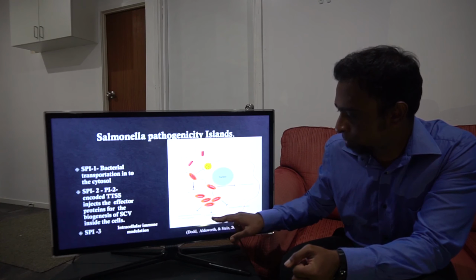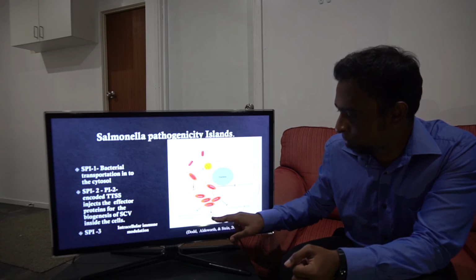SPI-1 is a 40 kb DNA region which encodes a type 3 secretion system. It helps in transporting the bacterial proteins into the cytosol of the host cell. This causes a cytoskeletal rearrangement which helps in the uptake of Salmonella via a membrane-bound vesicle. It mainly helps in invading the epithelial cells of the intestine.